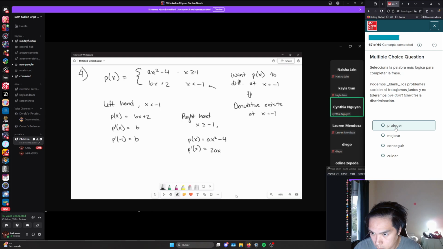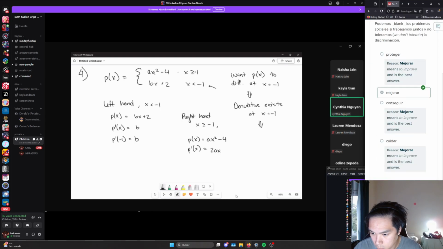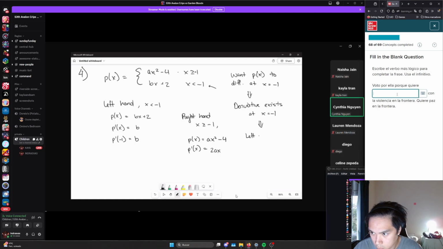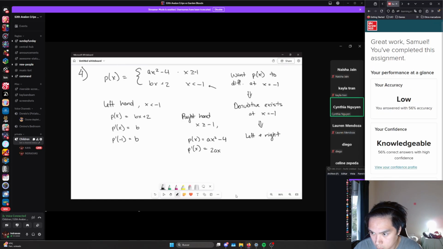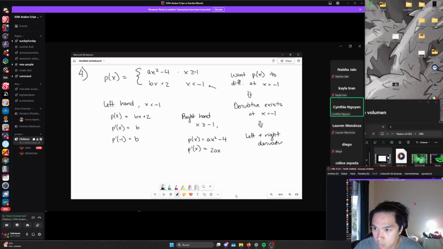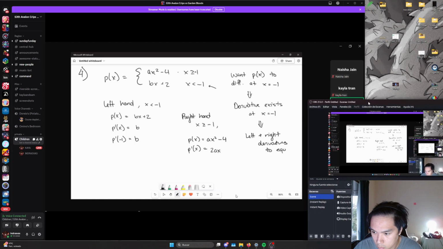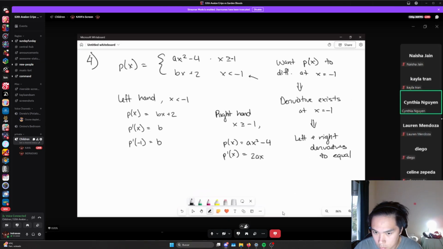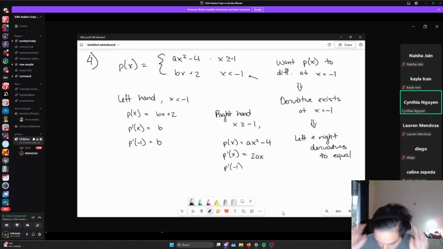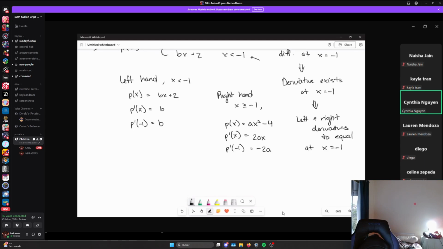So you want the left and right derivatives to equal each other at x equals -1. So you plug in the -1, you get -2a. What it means to have your left and right ones be equal to each other is literally just that b equals -2a.